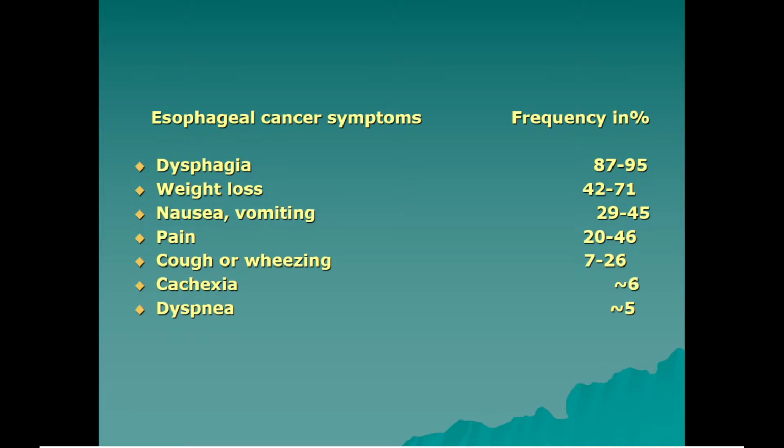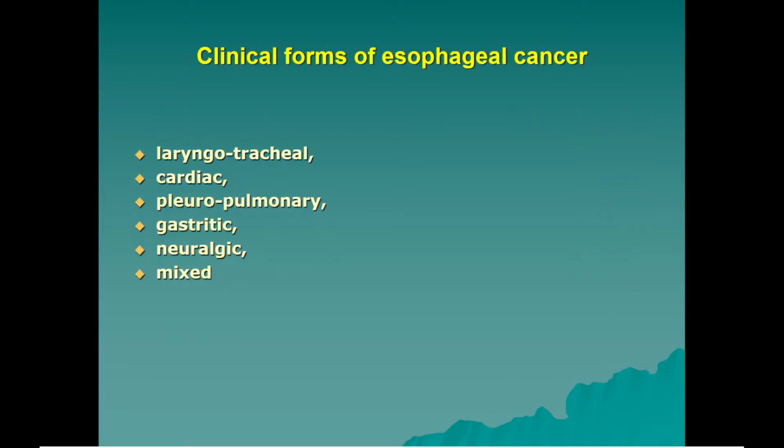Esophageal cancer symptoms, frequency in percent: dysphagia, 87 to 95%; weight loss, 42 to 71; nausea, vomiting, 29 to 45; pain, 20 to 46; cough and wheezing, 7 to 26; cachexia, up to 6%; and dyspnea, up to 5%.